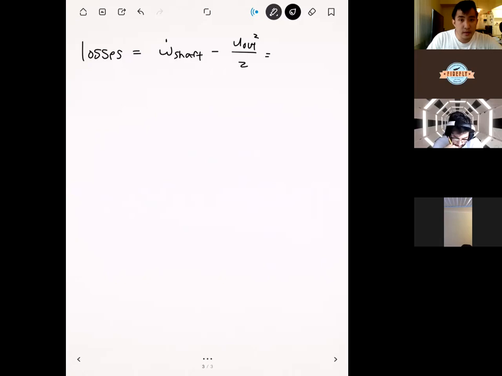But before we do that, we need to do a little bit of conversion. The W dot shaft in this case is given in terms of power, so power is joules over second. But if you remember from when we did our extended Bernoulli, this W dot shaft is supposed to have some other units.